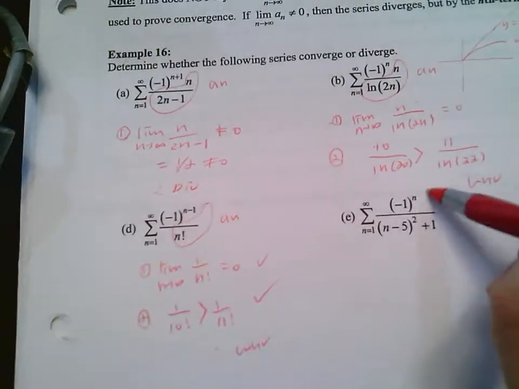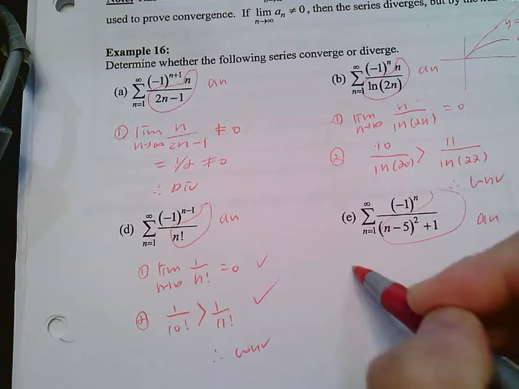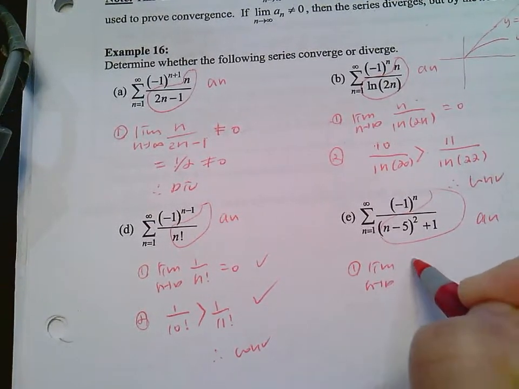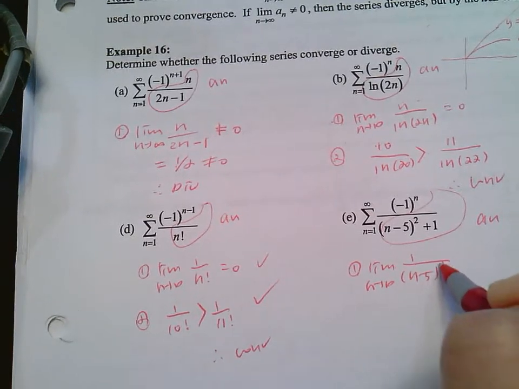Now let's try E. We know this one is a sub n. Number 1, the limit as n approaches infinity of 1 over (n minus 5) squared plus 1. We know this one approaches 0. Number 2, I'm going to choose two consecutive terms, big enough. Let's choose 100, and 100 minus 5 gives 1 over 95 squared plus 1. The next one is 101, and 101 minus 5 gives 1 over 96 squared plus 1.